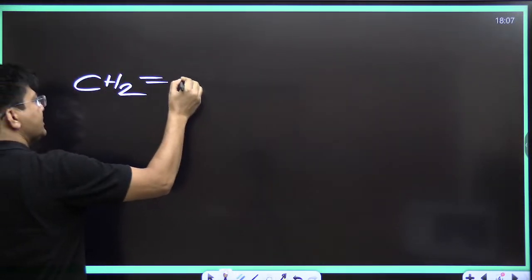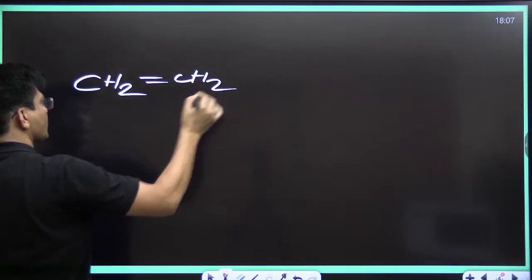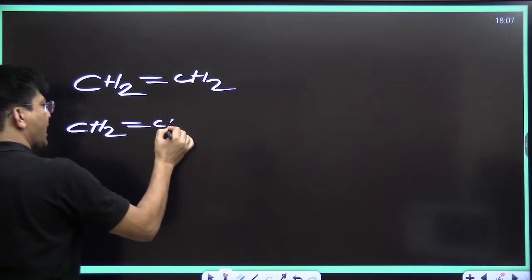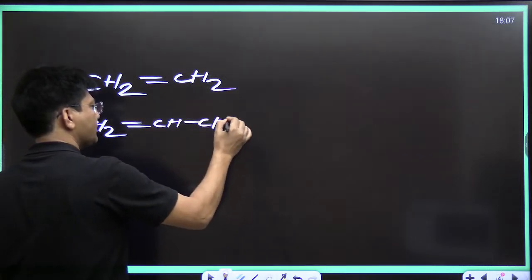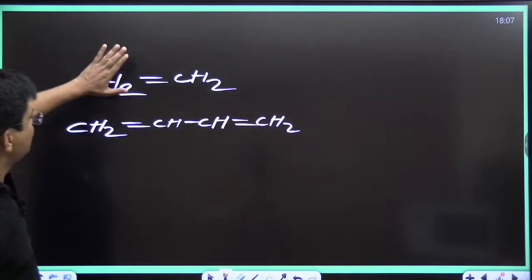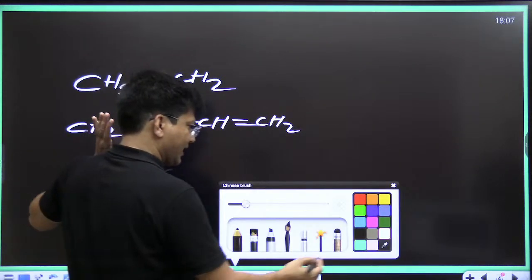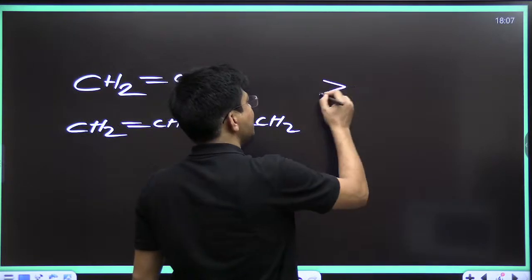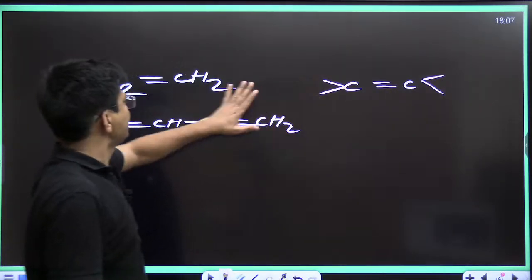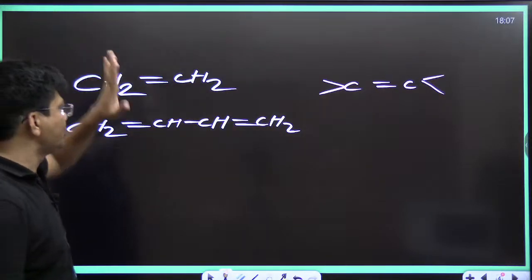This is ethene, this is butadiene. I'm not saying that only these particular reactants you are going to get. In place of this ethylene, you can get any alkene. Any alkene would do the same thing which the ethene is going to do.